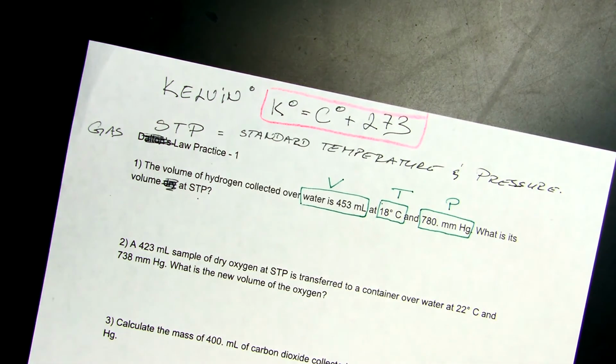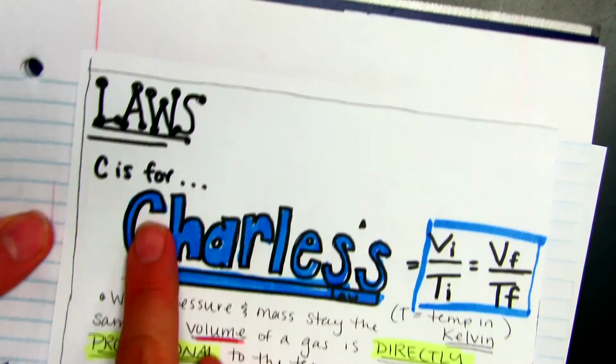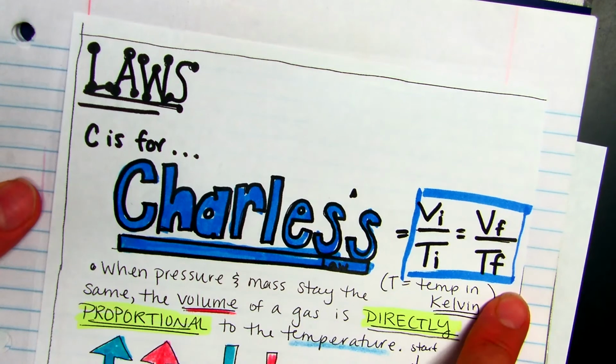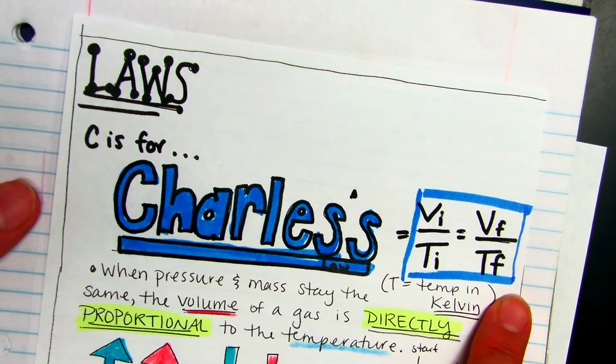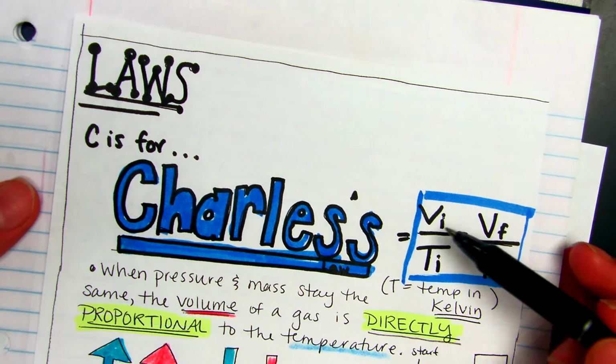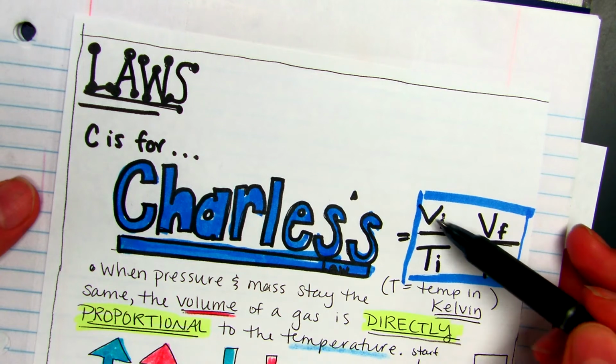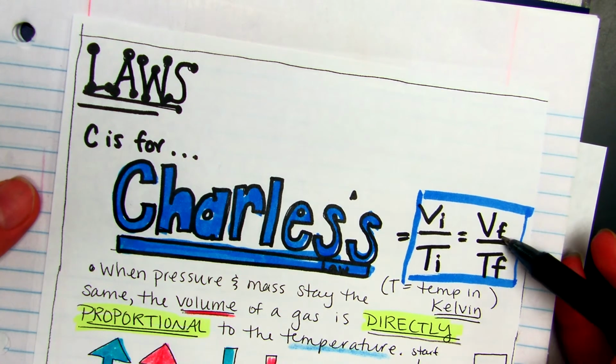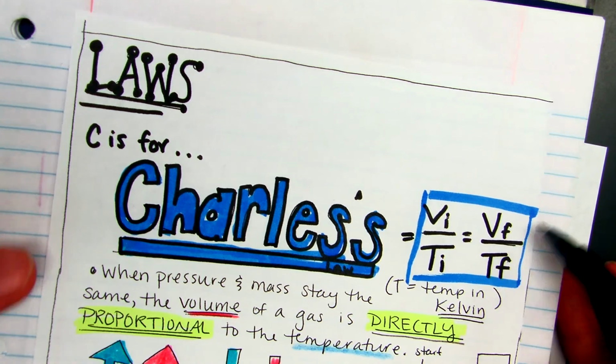One of the easiest ones is this guy. They're all pretty easy. Charles's law. So let's apply Charles's law to it. And you'll see Charles's law is also easy to memorize. Initial volume divided by initial temperature is final volume divided by the final temperature.